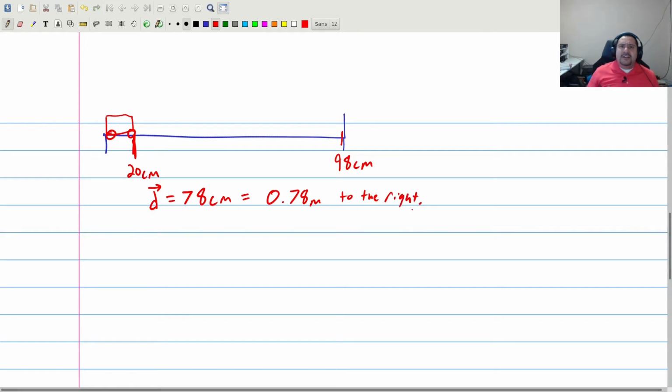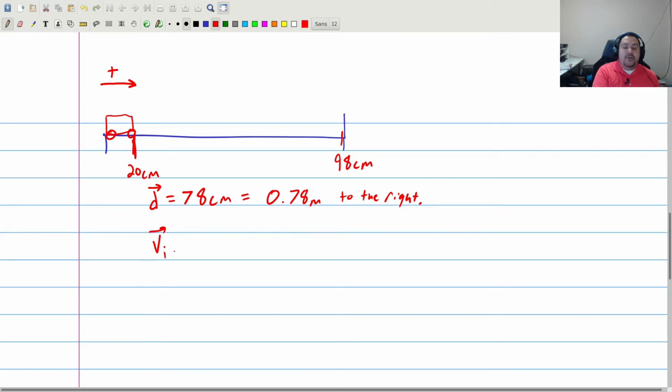And it also becomes a little bit more important that we take the time to define which way we're going to call positive. In this case, since our numbers are increasing to the right, we are going to call that way to the right positive. So I'm going to tell everyone with that arrow that to the right is positive. Okay, so we know D. We also know V initial.